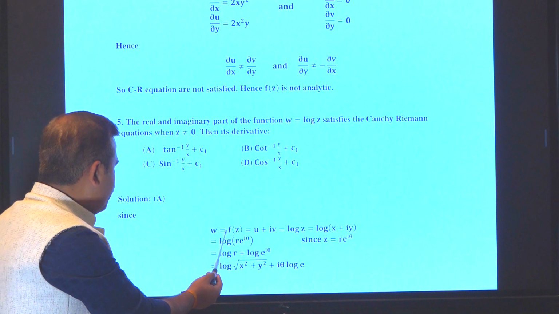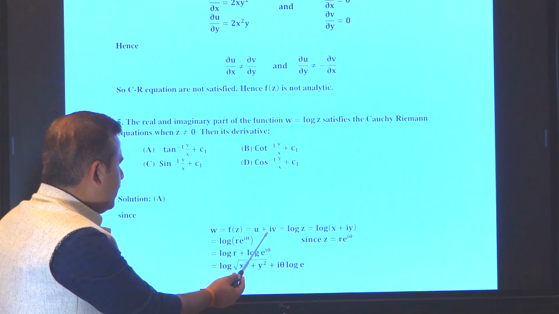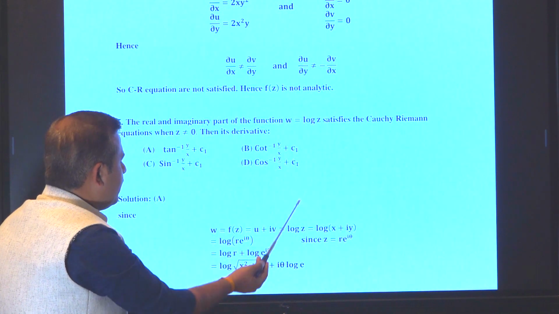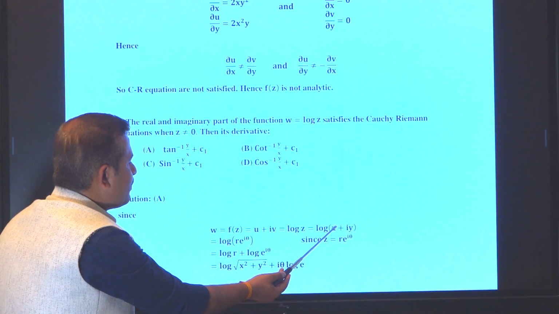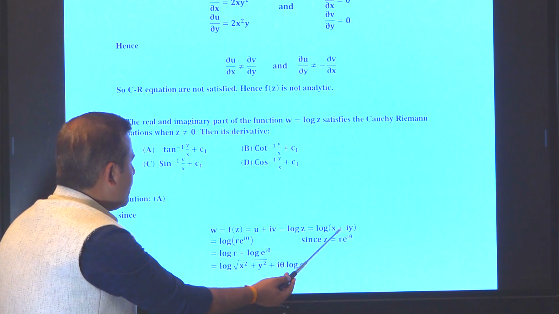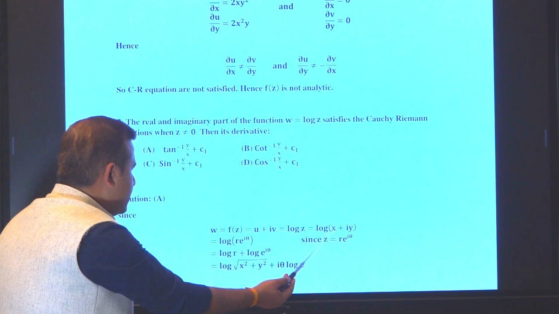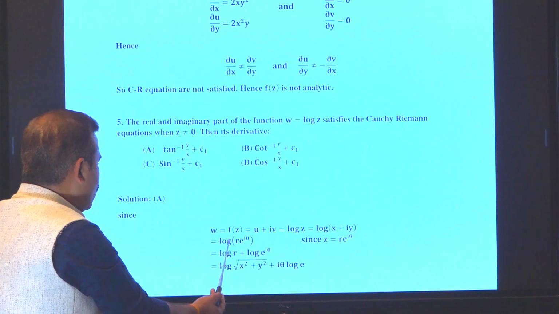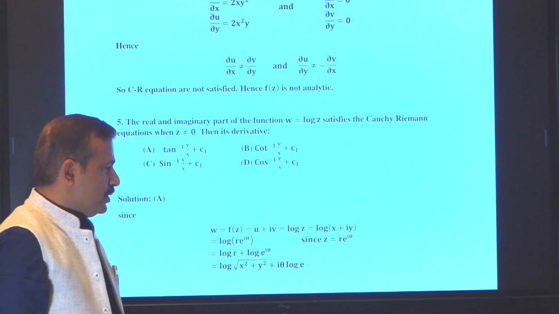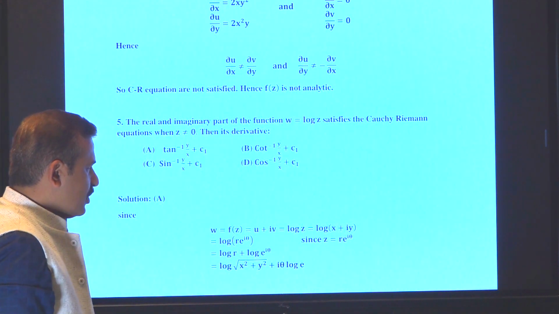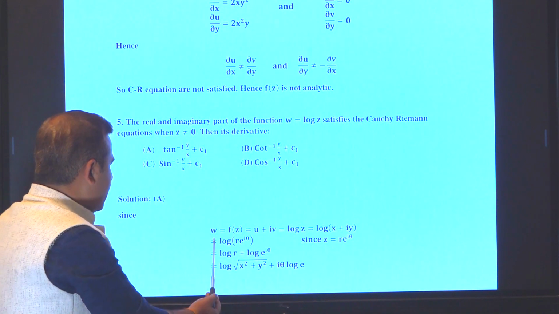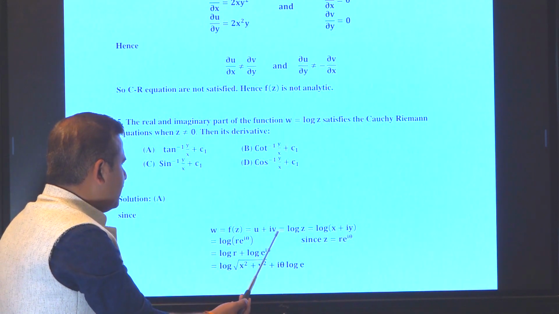So here w equal to f(z) equal to u plus iv, and log z is given here, so log z equal to log of x plus iy, on substituting the value of z. So this result in terms of the polar form, as we know, the real coordinate is r cos theta and imaginary coordinate is r sin theta, that's why it becomes log of r e to the power i theta.